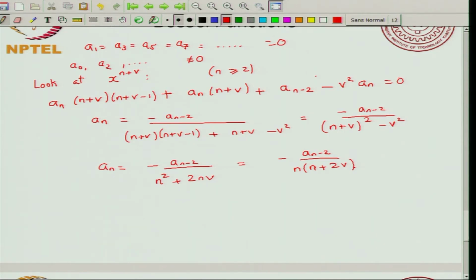Notice that this series does not terminate. You can never have a n equal to 0 for any value of n. The series does not terminate, it is an infinite series.